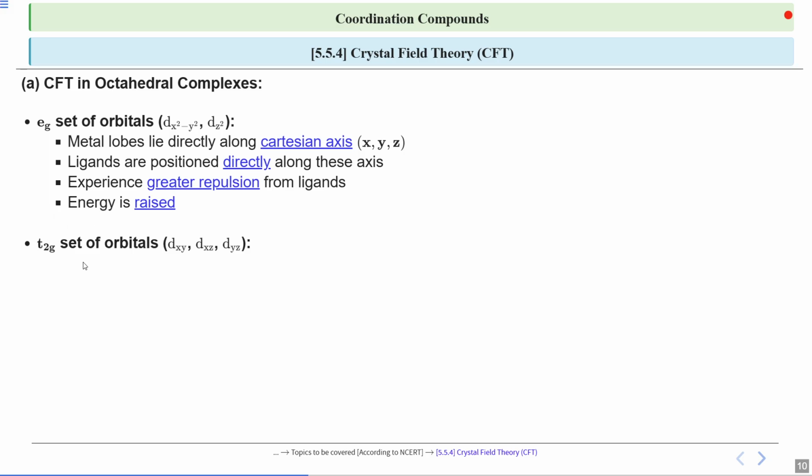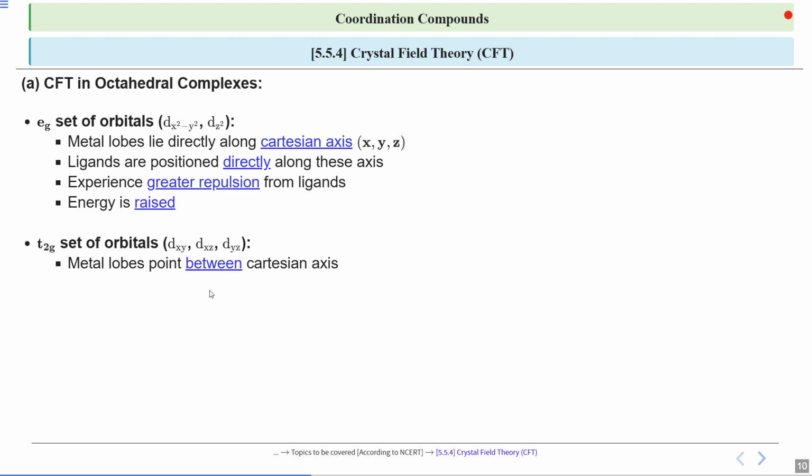If you talk about the t2g set of orbitals, which includes dxy, dxz and dyz, in this case the metal lobes point between the Cartesian axes.